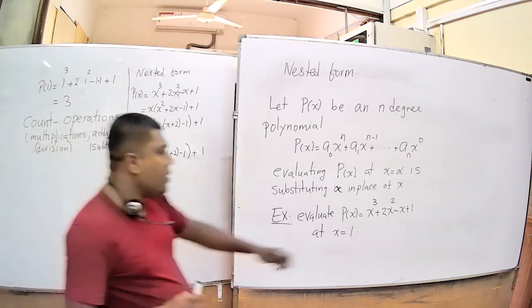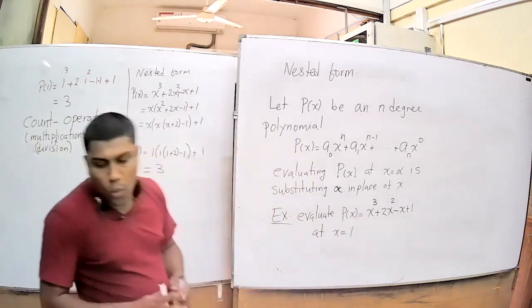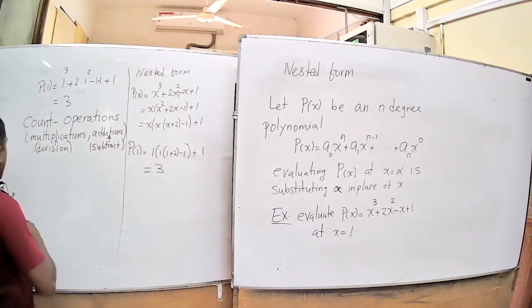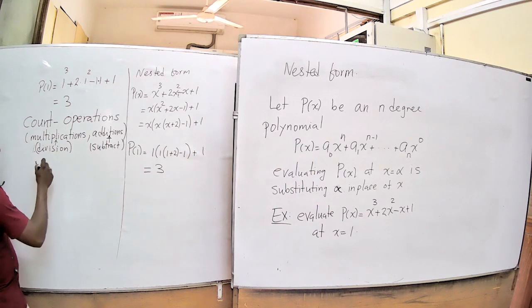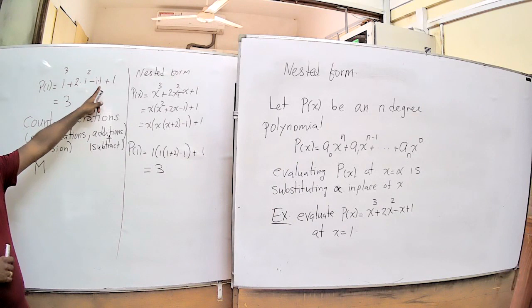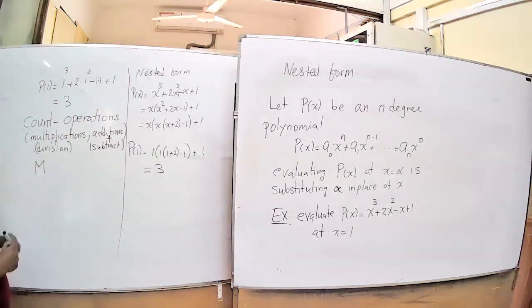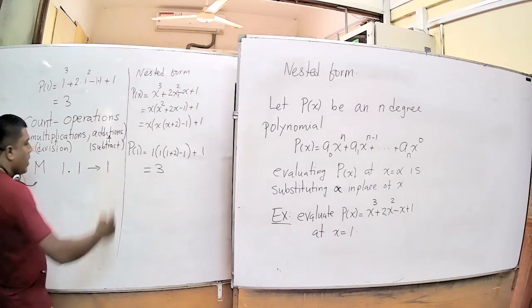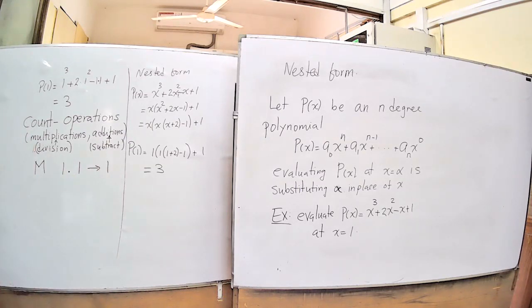If I say x, it is 1 times x. So first I will count the multiplications. What are the multiplications I have? 1 times 1, I have 1 multiplication.